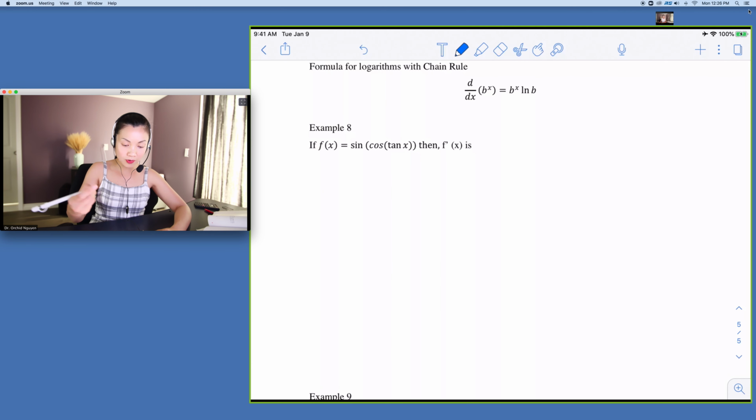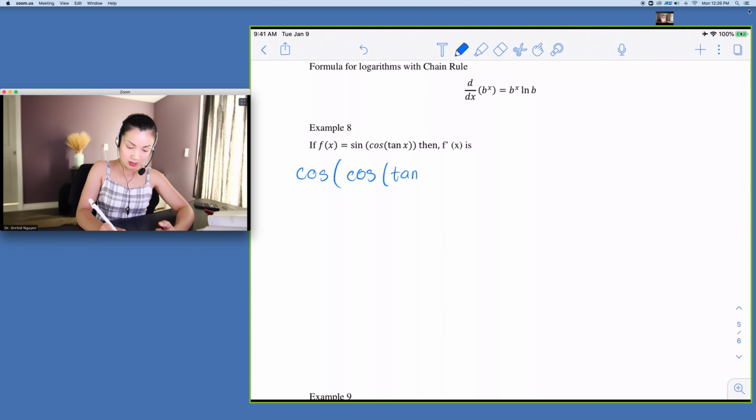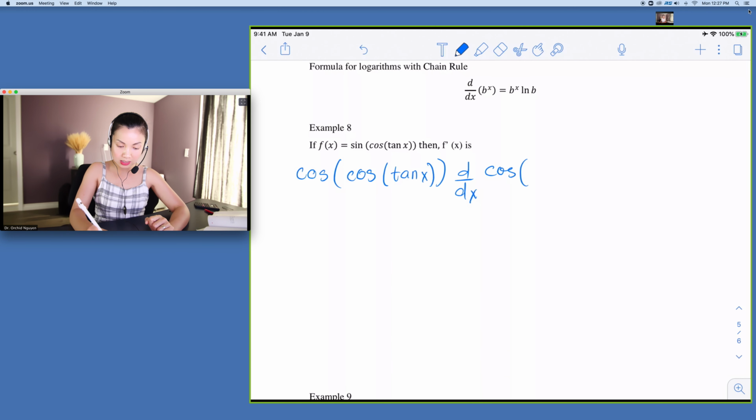Okay, so first, the outer function is the sine function, so we ended up with cosine of tangent. And then we take the derivative of the inner, which is cosine of tangent. Okay, which is what?